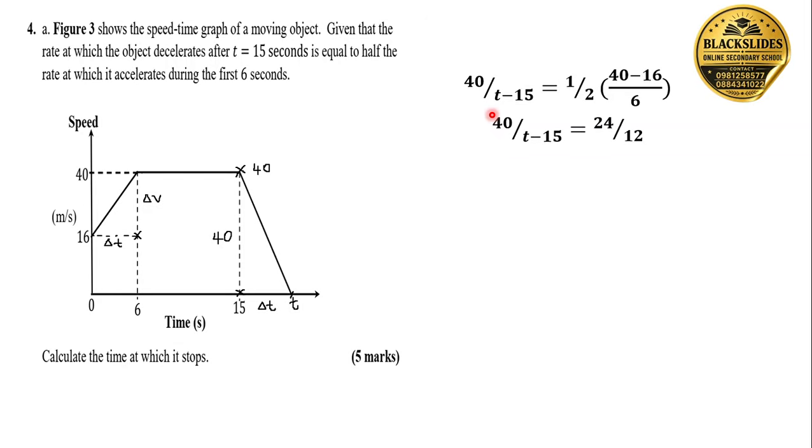Solving for t means we simplify both sides accordingly. 40 subtract 16, that's 24, over 6 times 2, that's 12. So this side will give us 2. Multiplying both sides by 2, or cross multiplying, will give us 2 times (t minus 15), which is equal to 40.